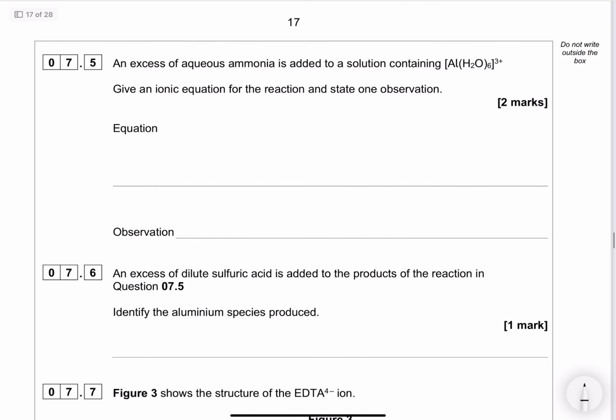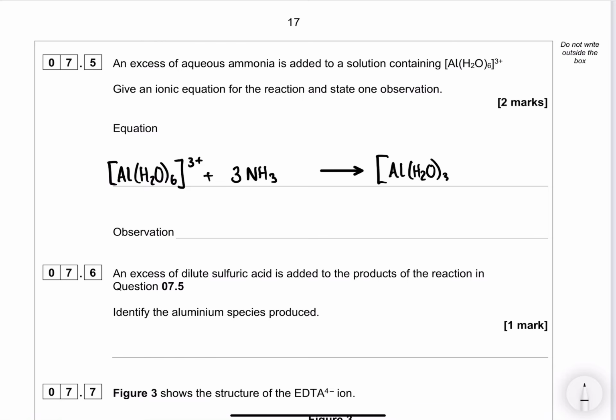An excess of aqueous ammonia is added to aluminium 3+ hexaaqua ion. Give an ionic equation and state one observation. So remembering that we've just said that aluminium is acidic, we know that ammonia is a base. We can see that there are 3 pluses. We're going to use 3 ammonias to pull off 3 protons.